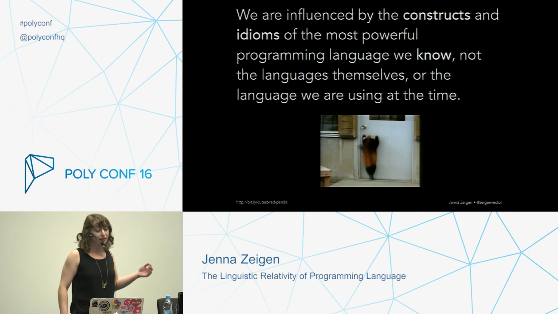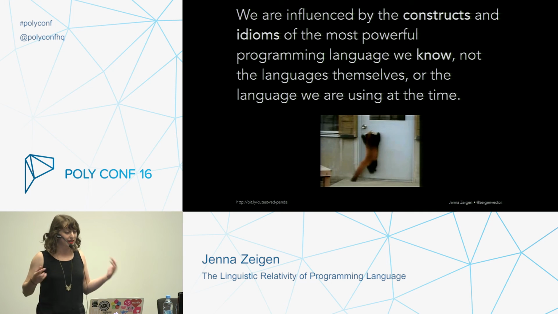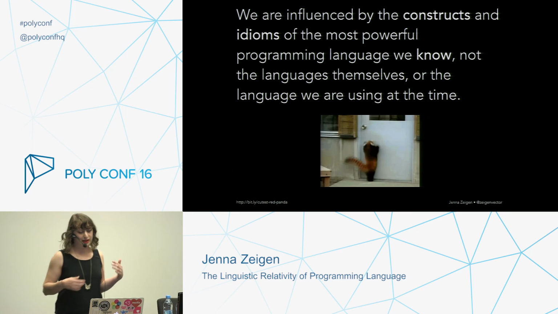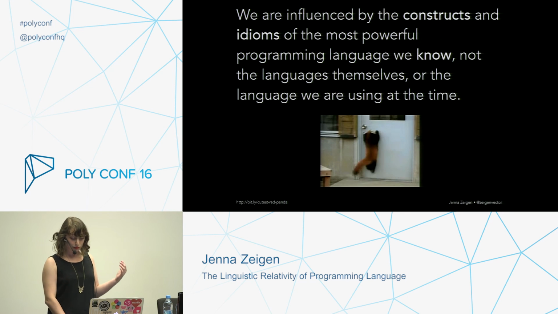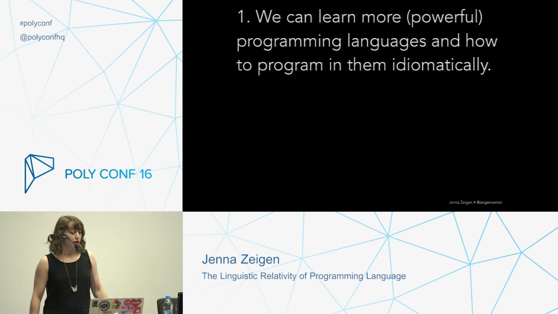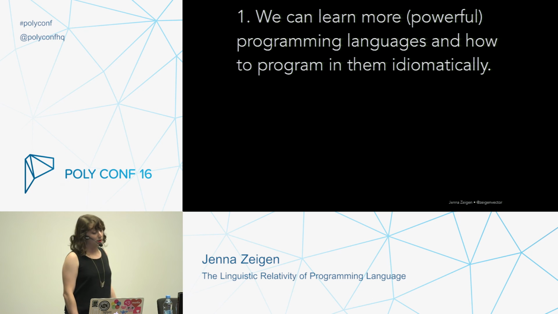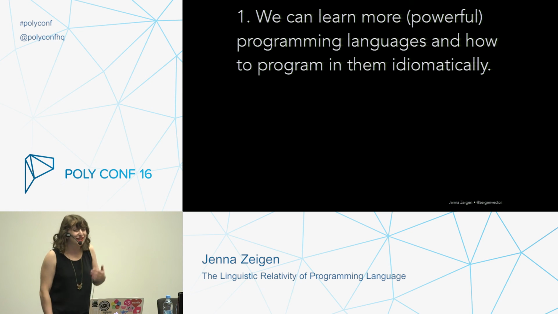And this is because of three more key differences that I see between programming languages and natural languages, the languages that we speak and write on a daily basis. The first of which is that we can easily learn more programming languages and how to program in them idiomatically. This is not really the case with spoken natural languages. It's really hard to learn a new language, especially as an adult.